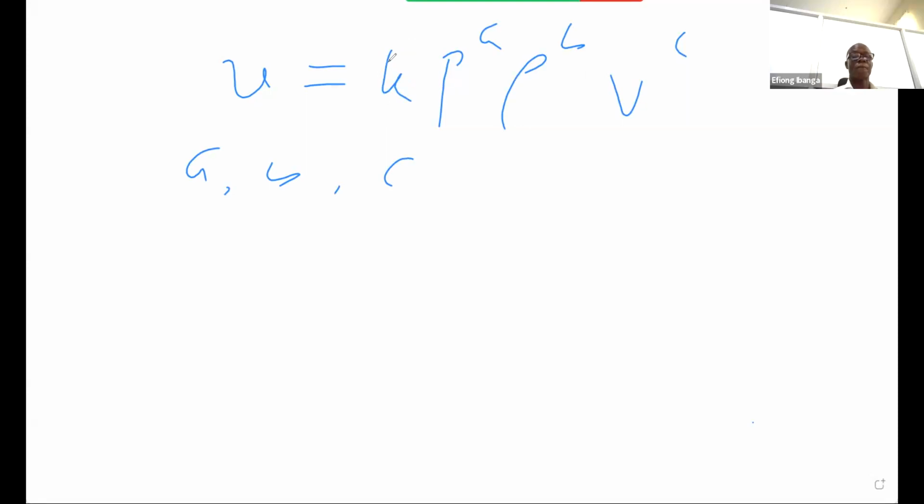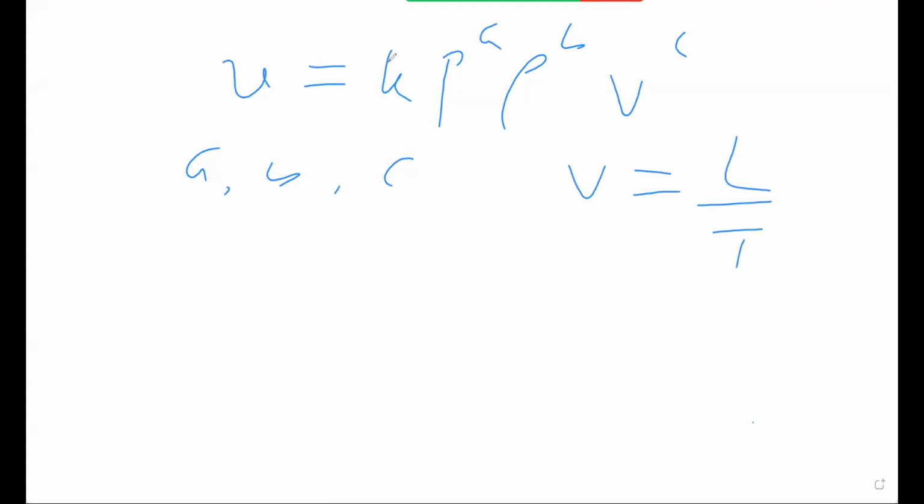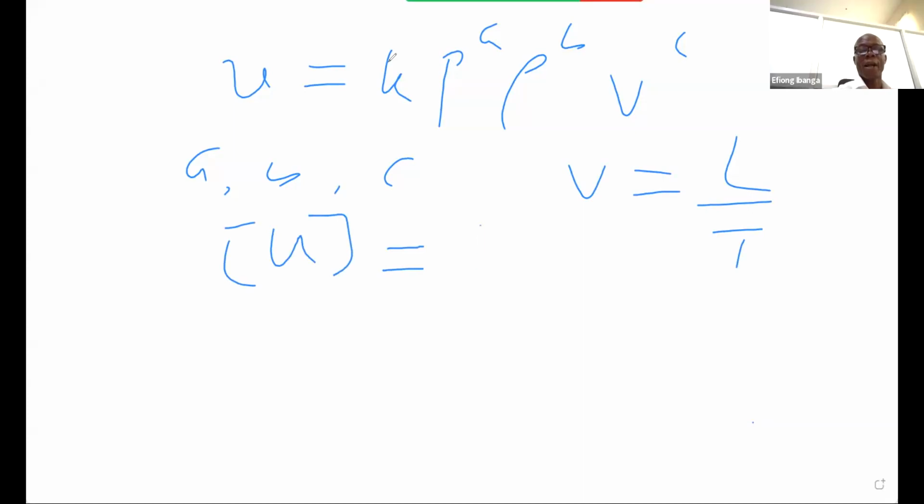The dimensions. Now you know by definition, velocity or speed is equal to distance, which is L, over the time T, isn't it? Exactly. So the dimensions of U, put in square brackets like that, will be L T to the minus 1.